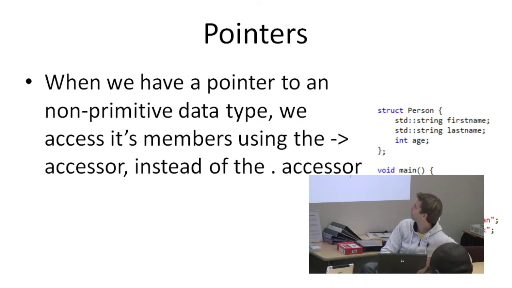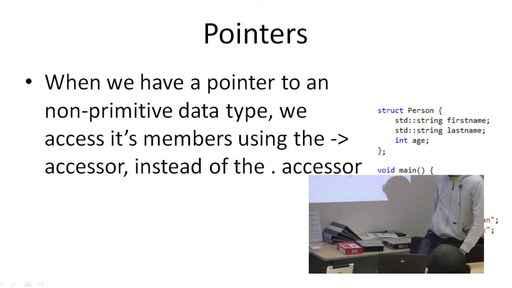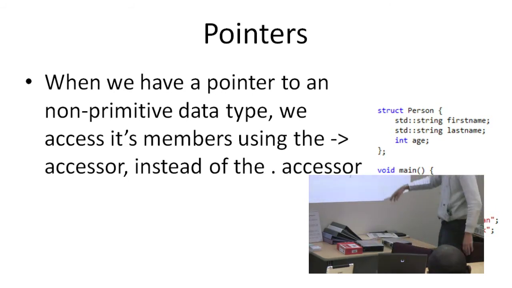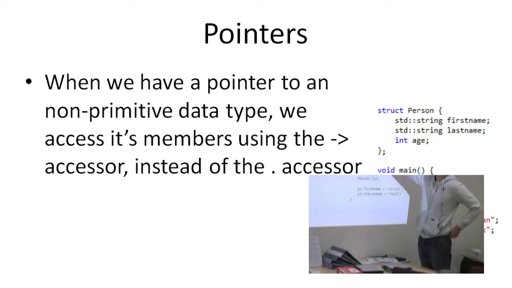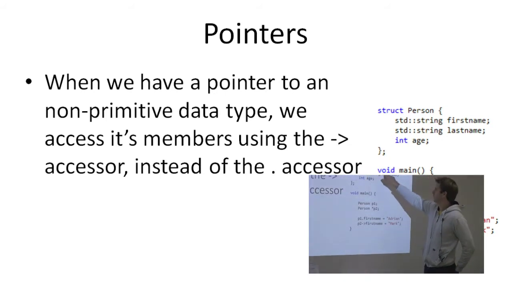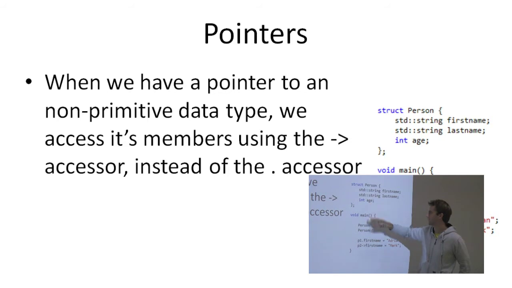When we have a pointer to non-primitive data types, and primitive data types are things like integers, floats, booleans, while non-primitives are pretty much anything which doesn't fall in that group, so classes, structs, etc., instead of using the dot member accessor, you should remember this example from yesterday. Struct person has a first name and a last name, which are strings, and an age, which is an integer.